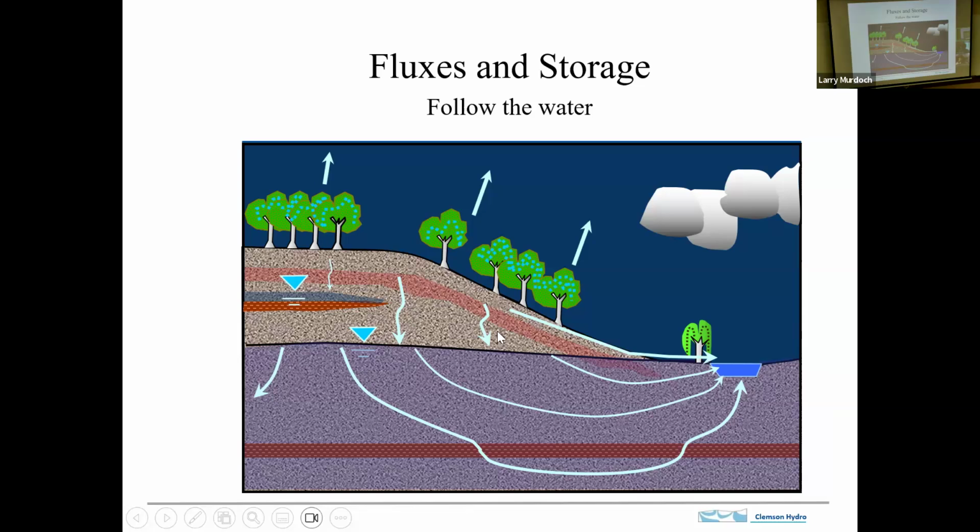We've got a variety of things going on, but this is where I want to draw some stuff on the board. I want to take a look at the water cycle and the groundwater at a local scale, and we'll look at what happens when it rains and then following a rainstorm.